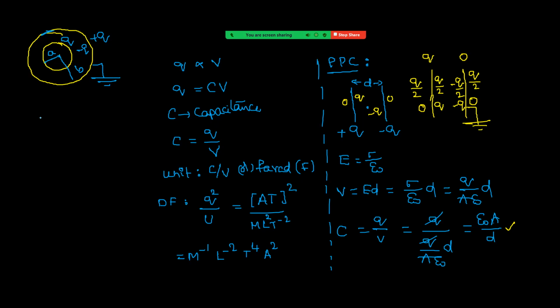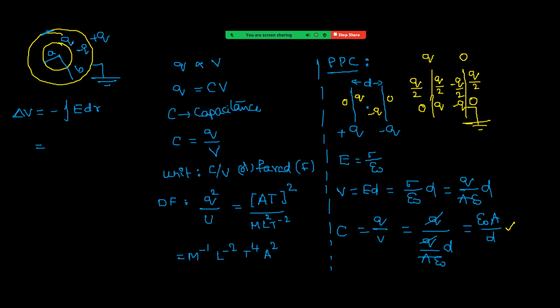See now the potential difference. Potential difference we can write as delta V is equal to minus integral E dr, right? See what is the field in this gap. In this gap, the field is because of this charge.